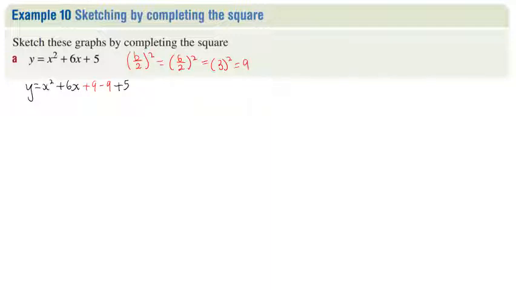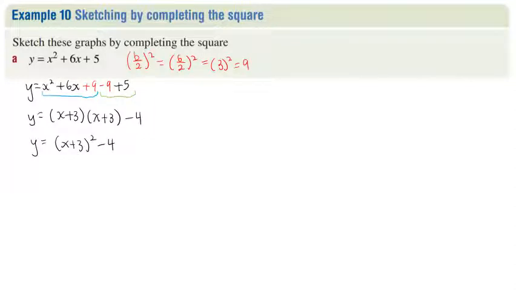Then I need to factorize this first part, so I'm thinking of two numbers that multiply to 9 and add to 6, 3 and 3. And then I need to simplify this end part, minus 9 plus 5, minus 4. I'm going to rewrite it out. (x plus 3) squared minus 4.